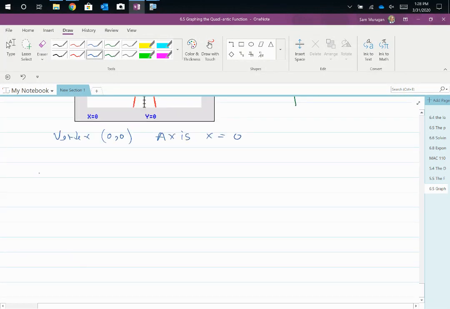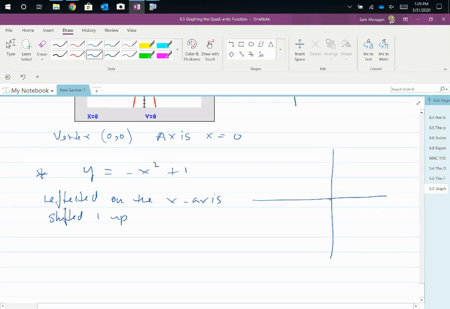So let's talk about one final thing. Suppose I've got y is equal to negative x squared plus 1. So this is reflected on the x-axis, shifted 1 up. So the graph was at 0, 0.